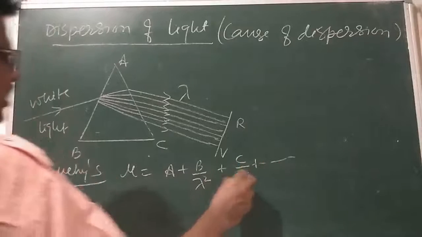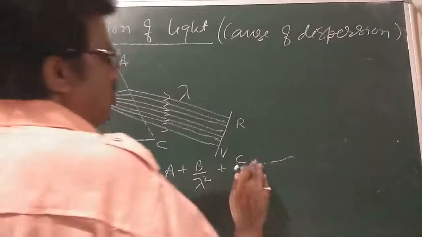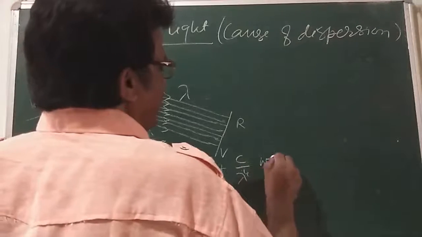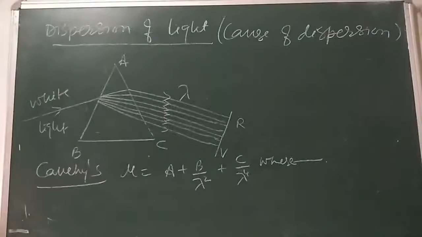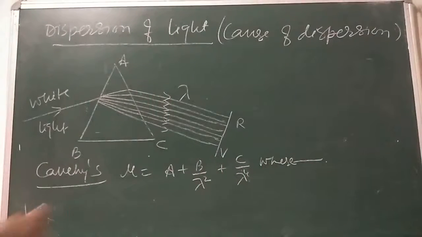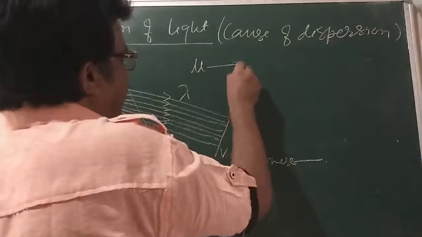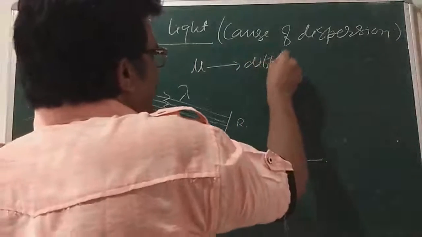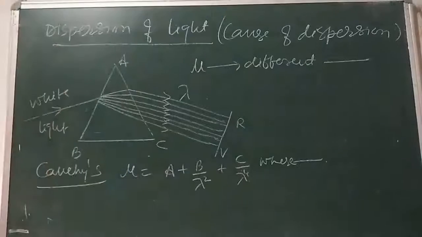It's a theoretical result, where A, B and C are constants. The mu of a material is different for the different colors. Remember it.